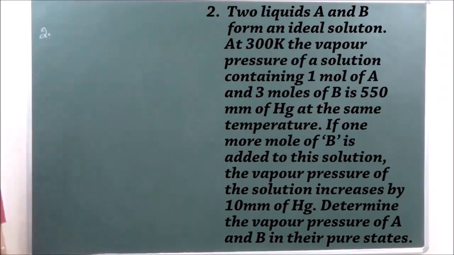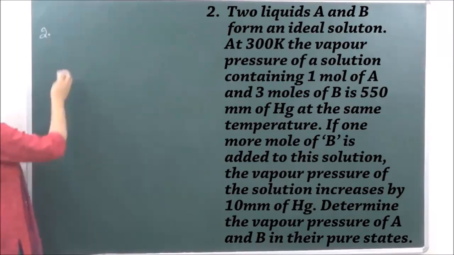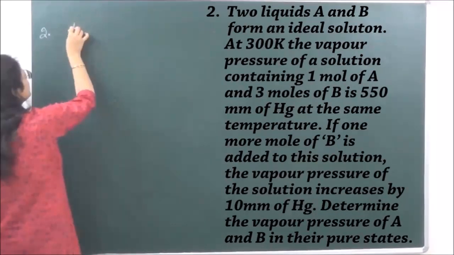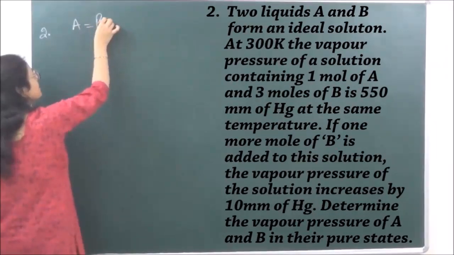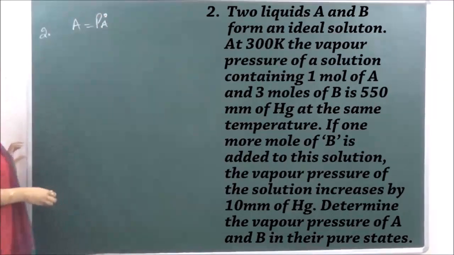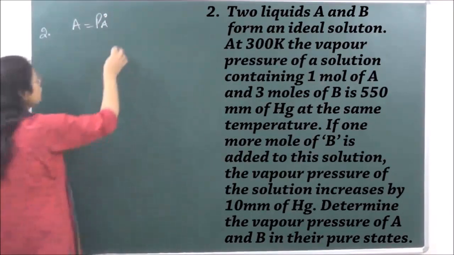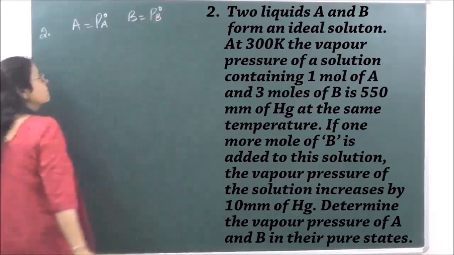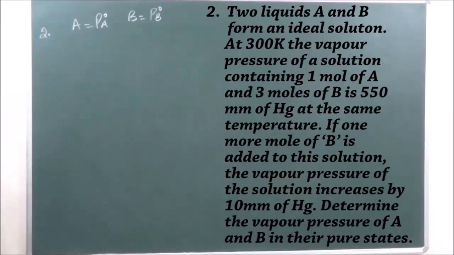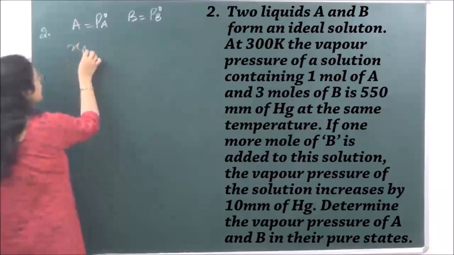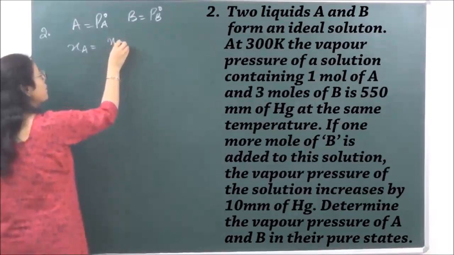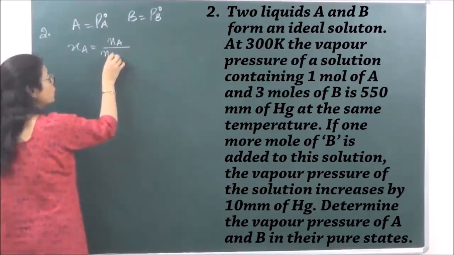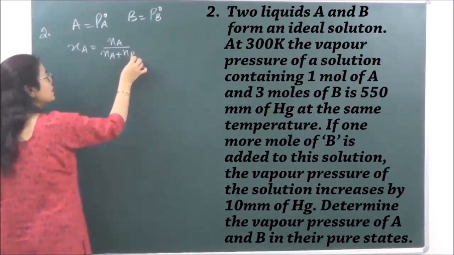Okay, so let's say that in the pure state, the vapor pressure of A is given by PA naught, and the vapor pressure of B is given by PB naught. Now what would be XA? XA will be equal to the number of moles of A upon the total number of moles.